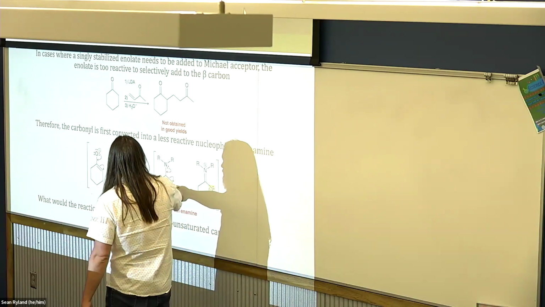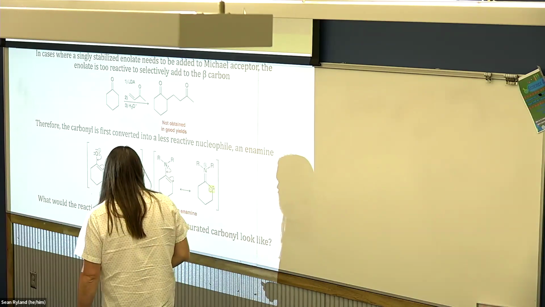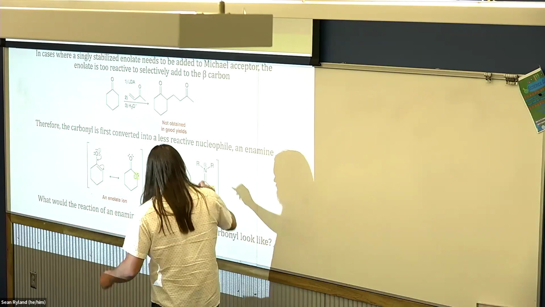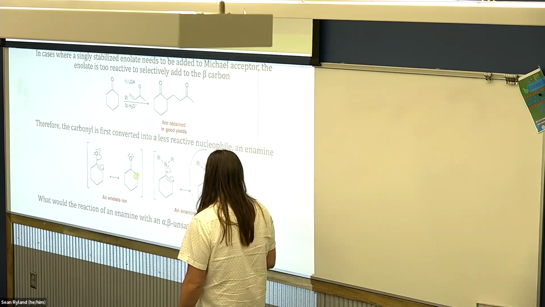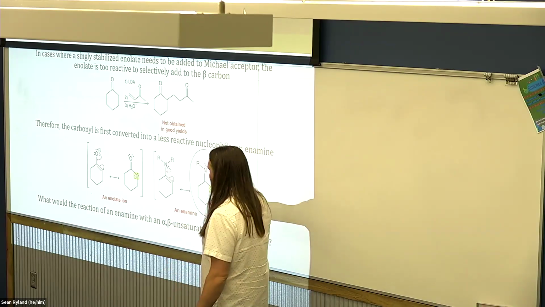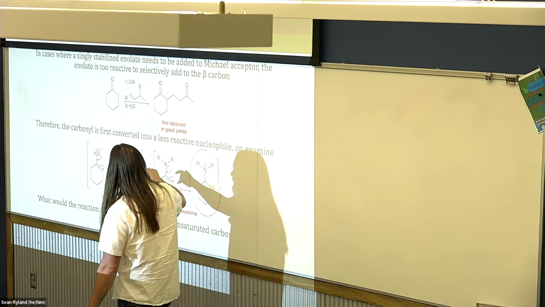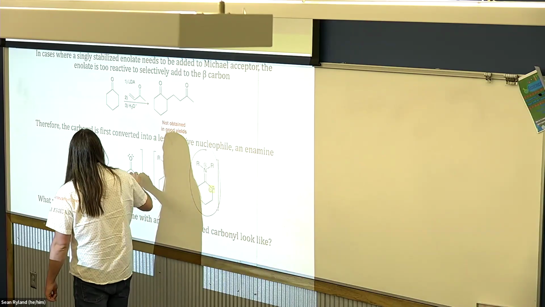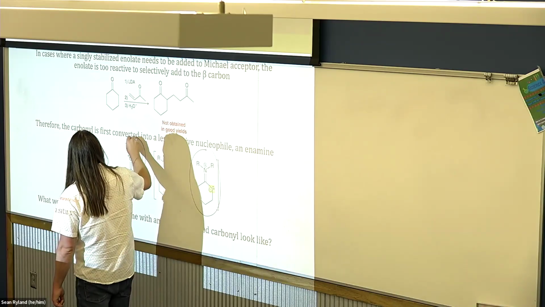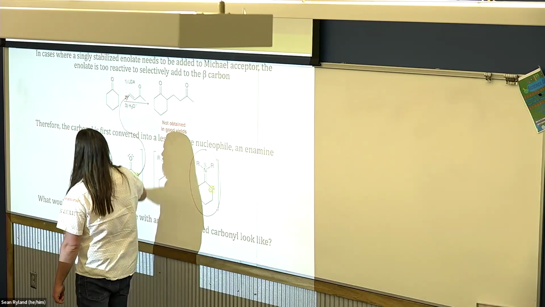If we had an enamine react, this is going to be the reactive resonance structure, the one that looks like an enolate. With an enolate reacting with the alpha beta unsaturated carbonyl, the alpha carbon reacts with the beta carbon.